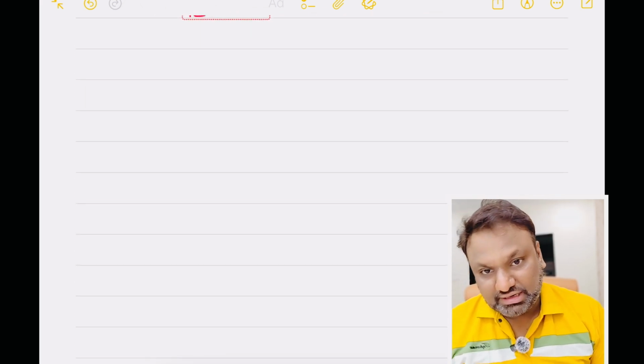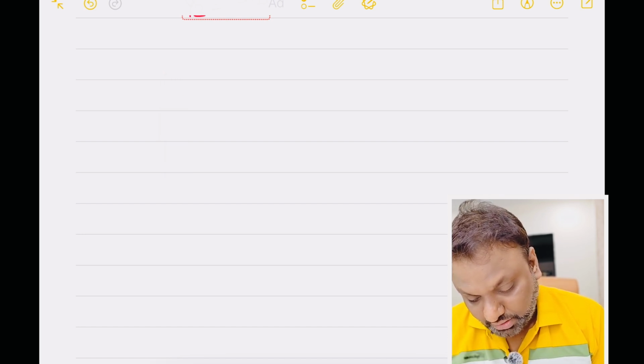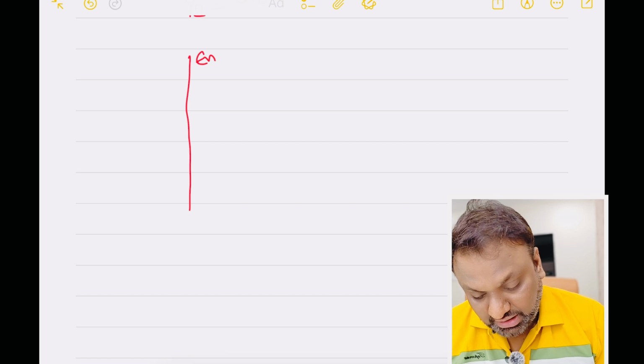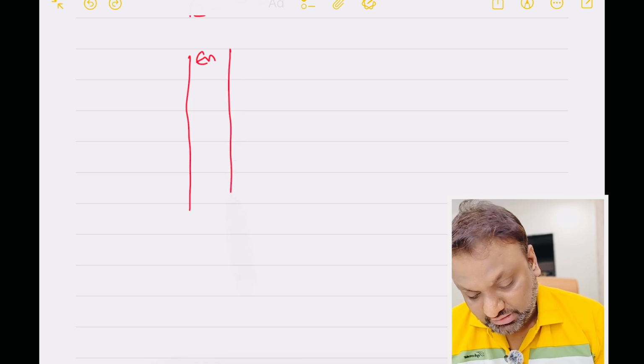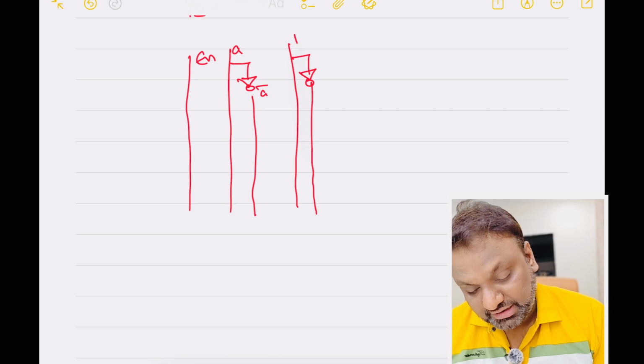Now let us draw the diagram here. I will have an enable signal, and let me take A bar and B bar here.